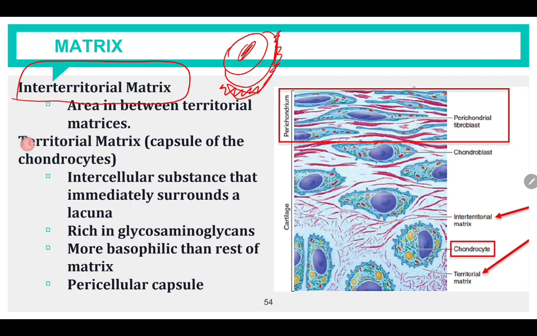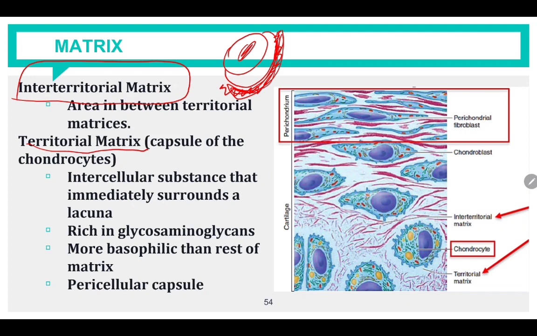So, sabi dito, territorial matrix are capsule of the chondrocyte. Of course naman, it makes sense because the chondrocyte is locked in place by your lacuna, and then the capsule covering it, or yung dark staining na color covering it, is your territorial matrix. The reason bakit basophilic masyado siya is because it is rich in glycosaminoglycans. Okay? So, I hope na intindihan nyo tong slide for matrices natin, no?